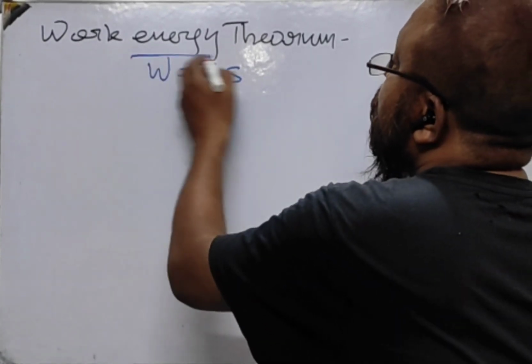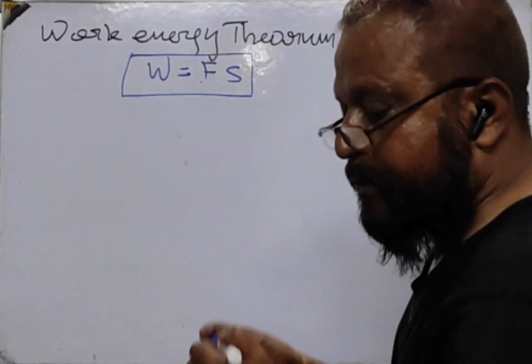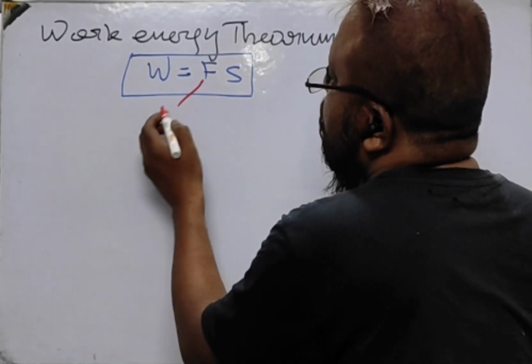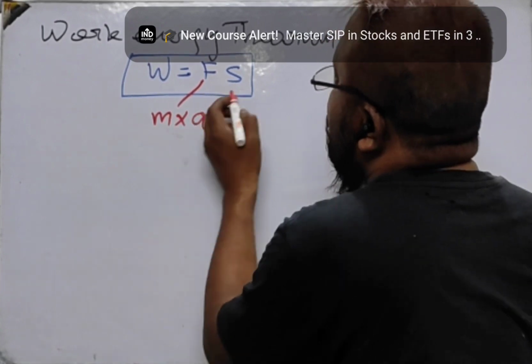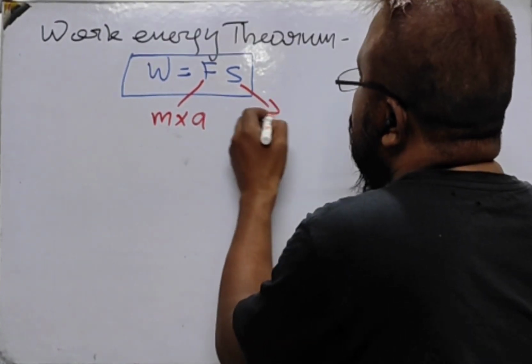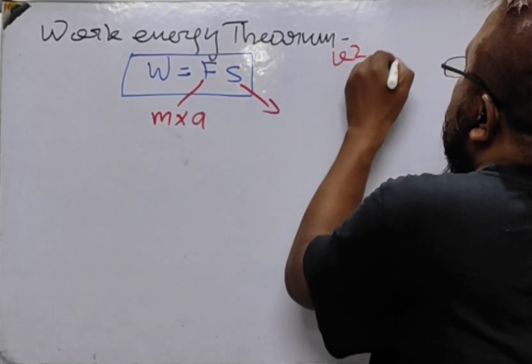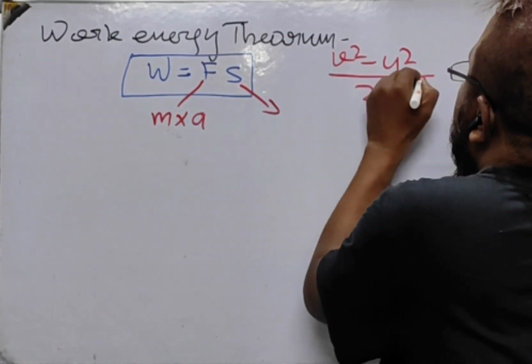If I take F is equal to m into a, and S is equal to (v square minus u square) upon 2a.